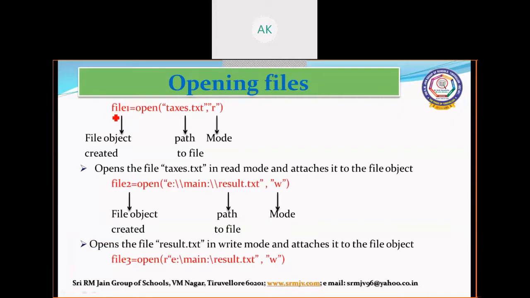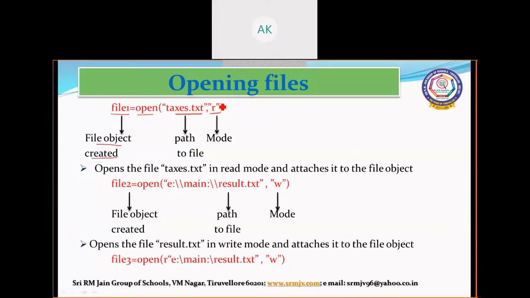So, file1 is nothing but a file object that we have created, and we have given the open function taxes.txt, which is the name of your file, as the first parameter, and r.